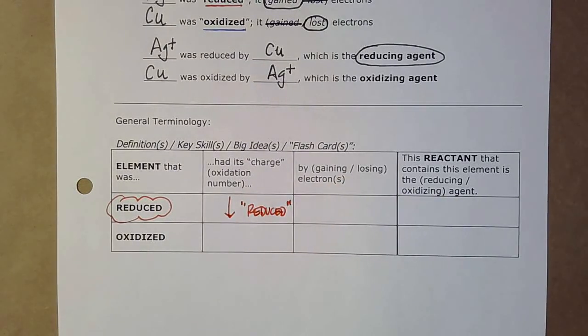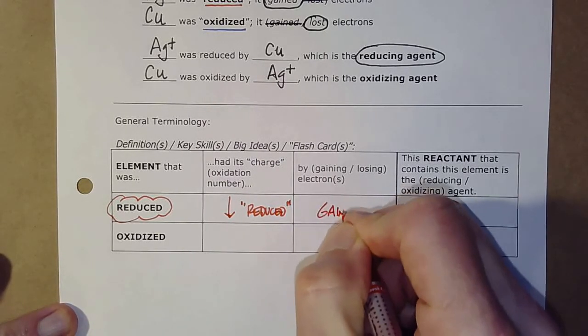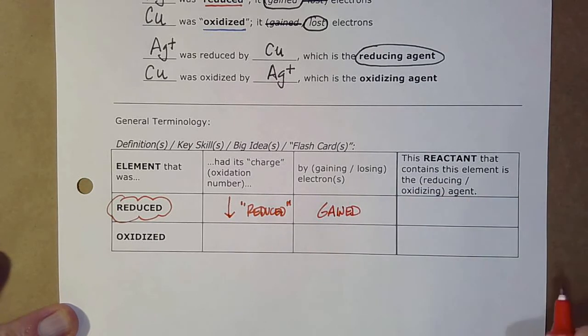I think that's the easiest place to start. Whoever got reduced, their charge got reduced. Well, if you get reduced, did you gain or lose electrons? You must have gained electrons. Now, if you're gaining electrons and being reduced, you are oxidizing another reactant.